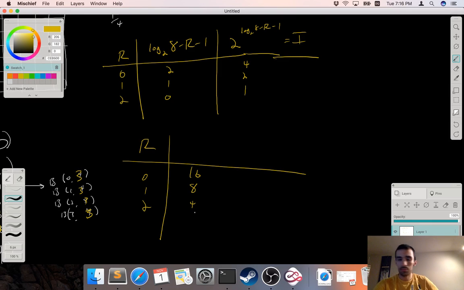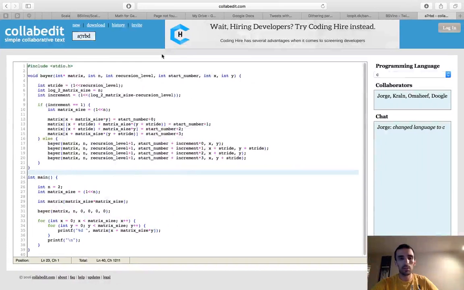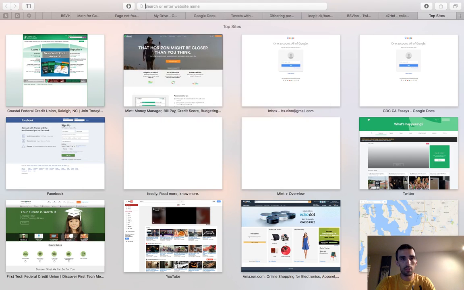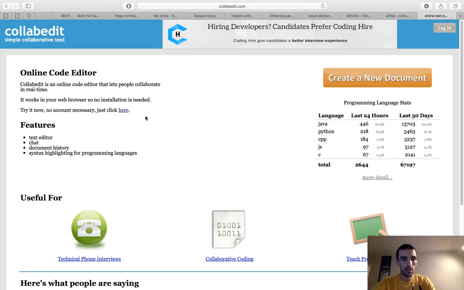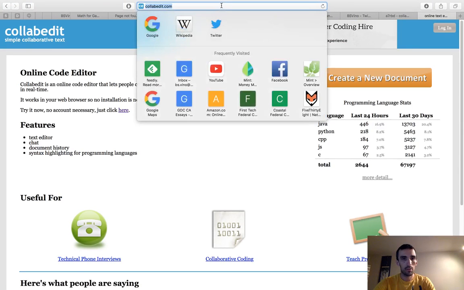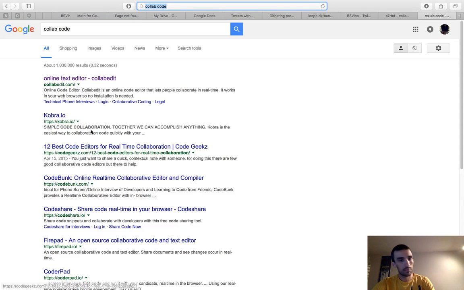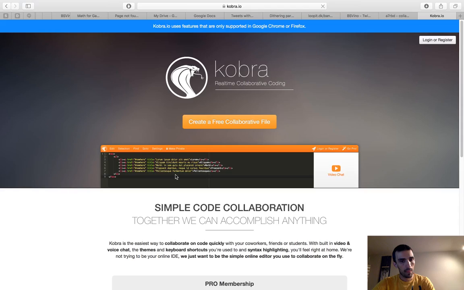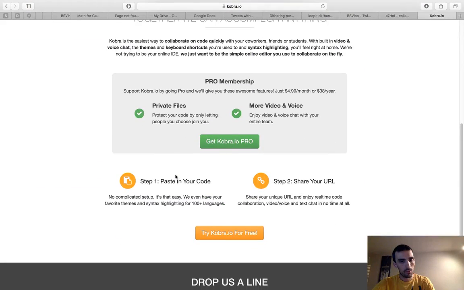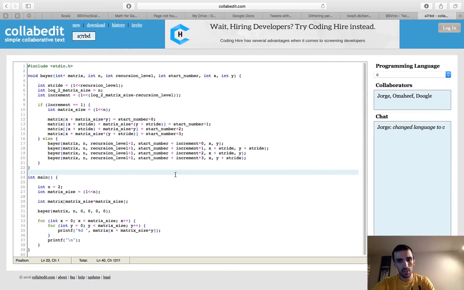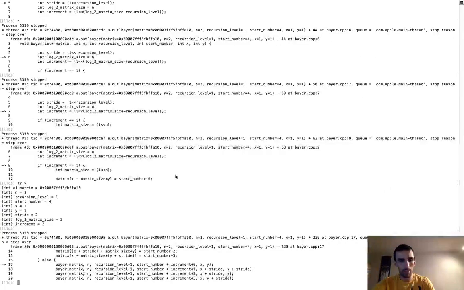Can you see if you can find me one with a compiler? Because this one's cool, but collab edit, no. If someone can find me one with a C compiler, that would be great.